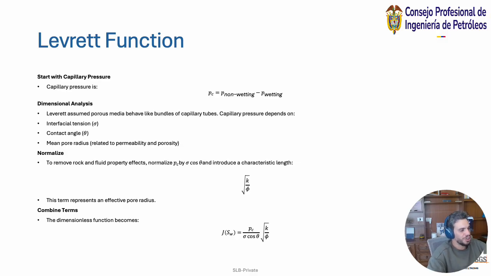And they're introducing this characteristic length, which is the square root of permeability over porosity. Because, like we said, permeability, when you look at it dimensionally, is some sort of length squared, so when you take the square root of it, you just get some length. And when you combine the terms, the dimensions become the final equation that you get.